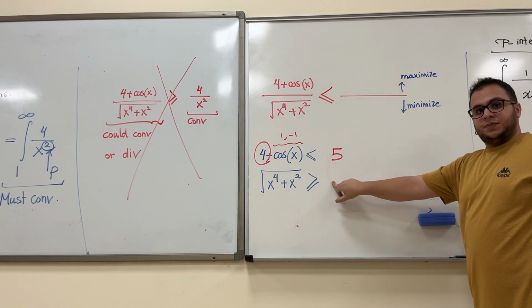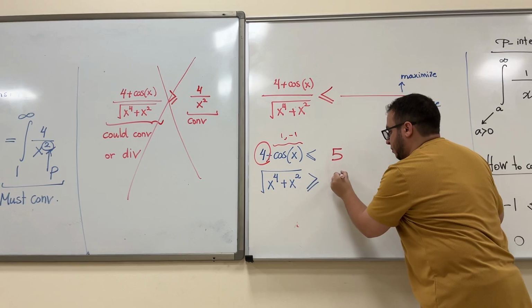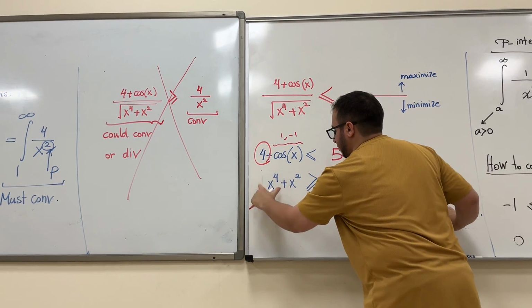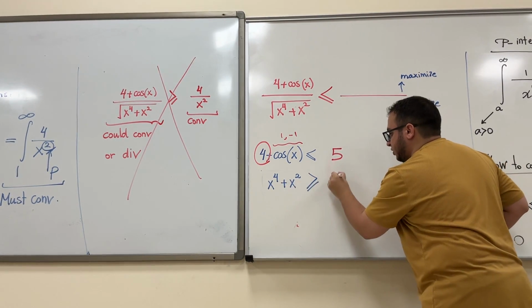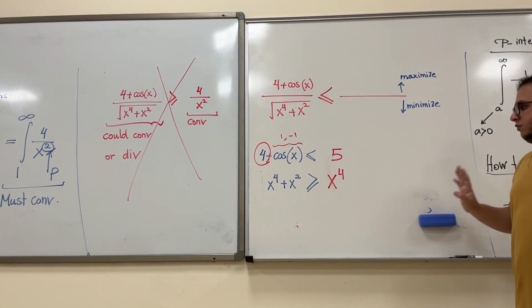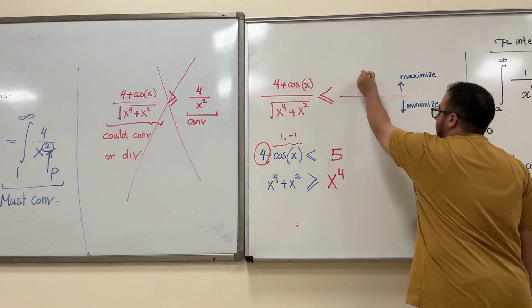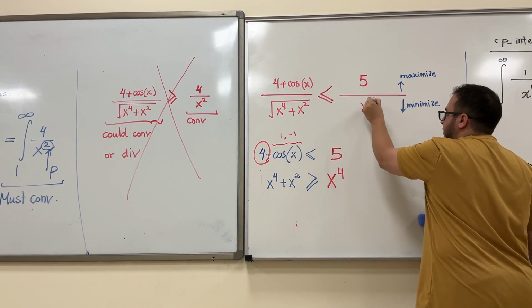And then here, give me something less than this. Forget about the root for now. It's just gonna be x^4, no? You have to keep the leading term. So now, what do I conclude? 5 over x^4 under the root.